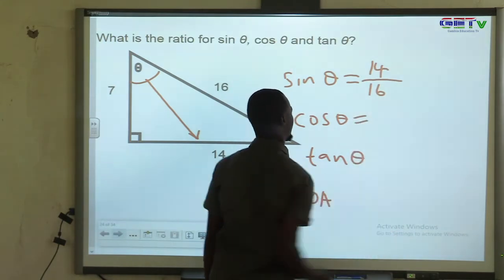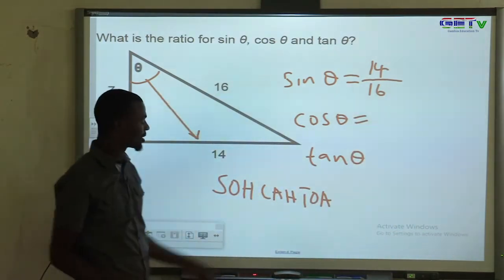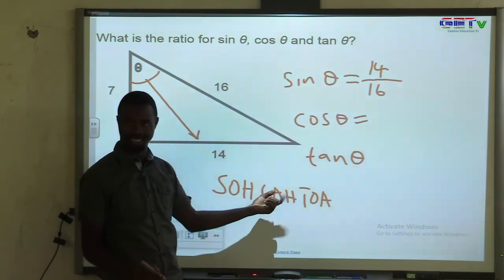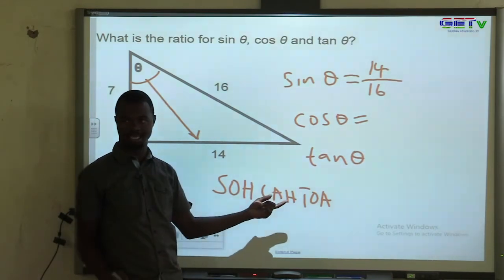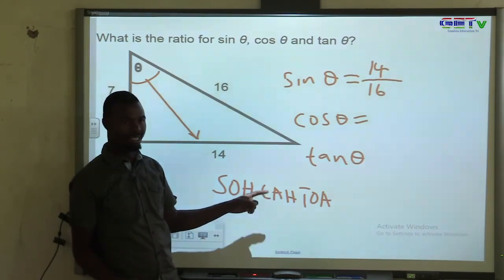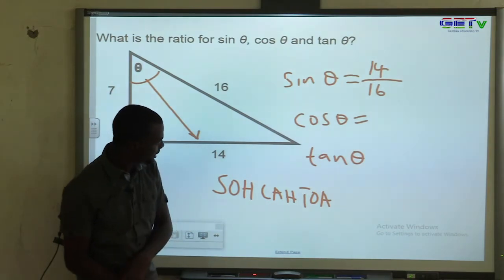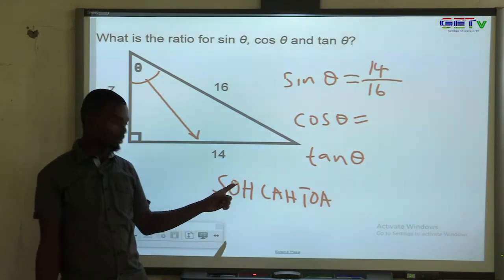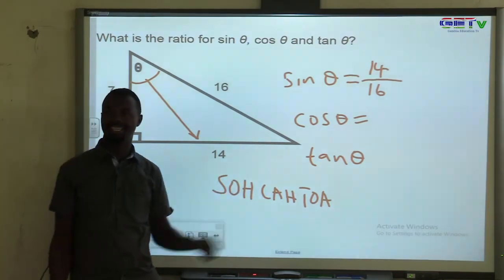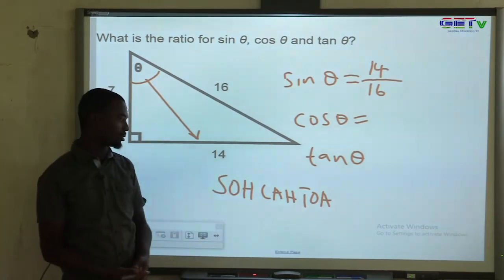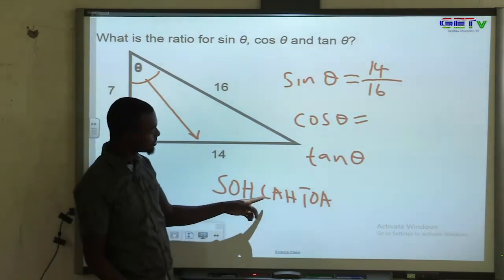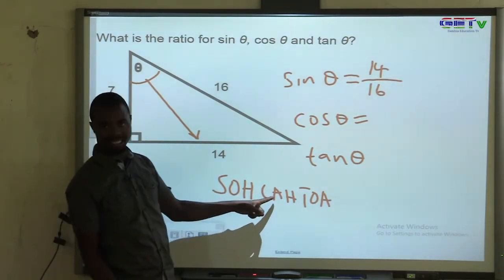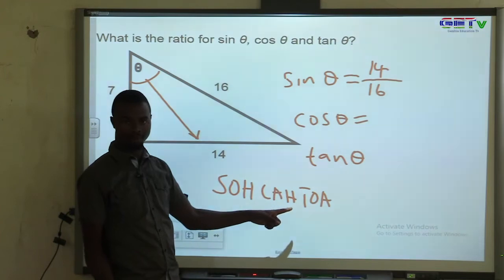The next one is cos theta. Cos theta is the second set of 3 letters, CAH. C is cos, A is adjacent, and H is hypotenuse. So this means cos theta is equals to adjacent over hypotenuse.